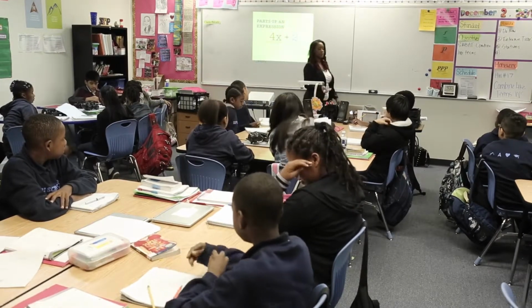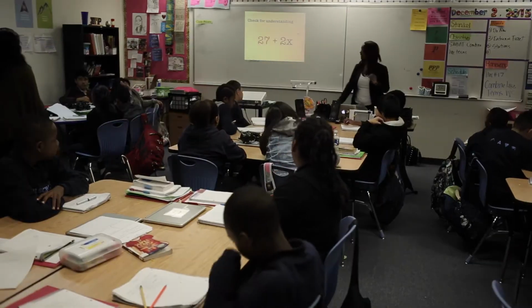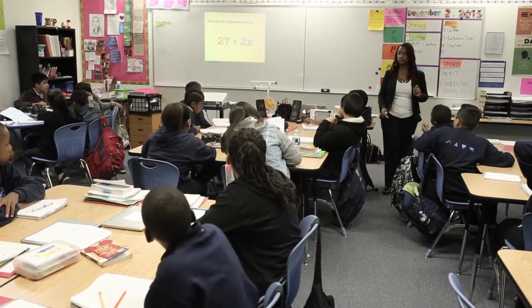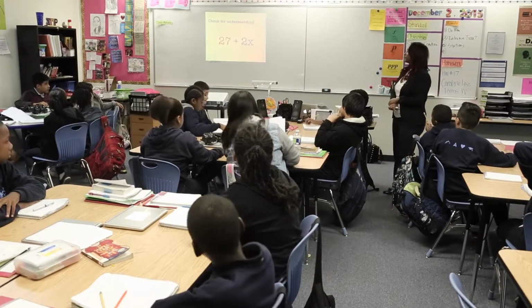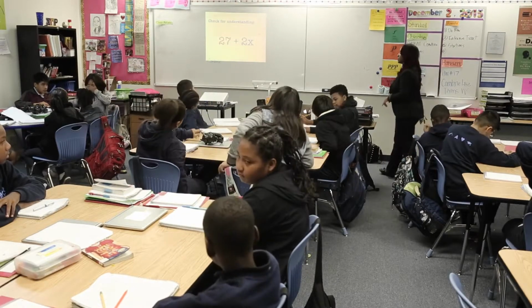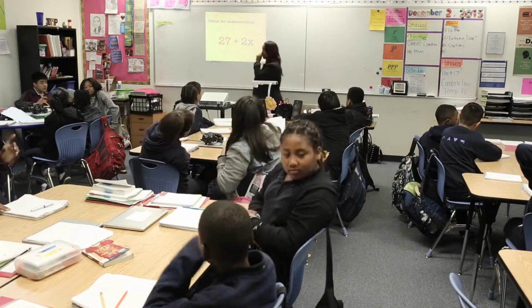And before we move on, with your neighbor, I want you to identify the coefficient, the variable, and the constant. Here's the problem. Go ahead and look at it for 10 seconds. Go ahead and turn to your neighbor. And then I need you to identify the constant, the coefficient, and the variable. Go.